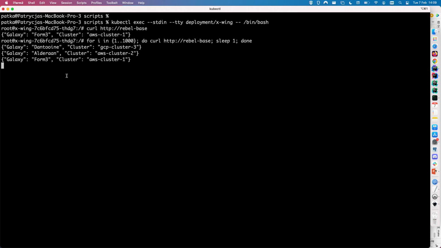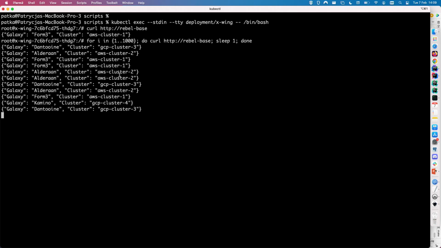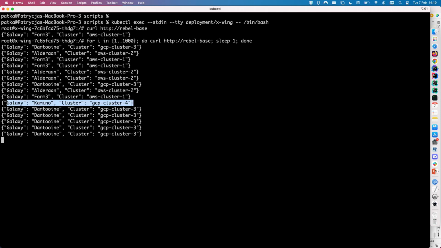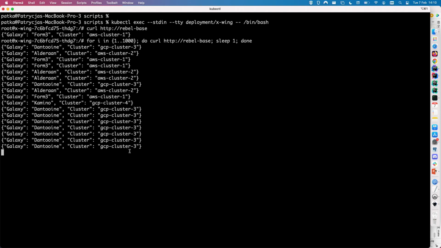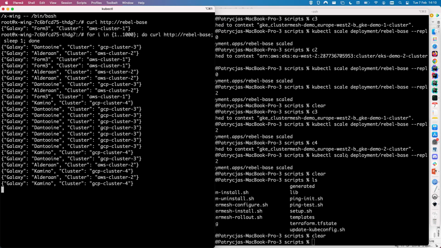And oh, you can see that I'm getting responses from different clusters. We can see, okay, I was about to say that we can see only 3 clusters, but we see the 4th cluster as well. So you can see that this is like automatically balanced.